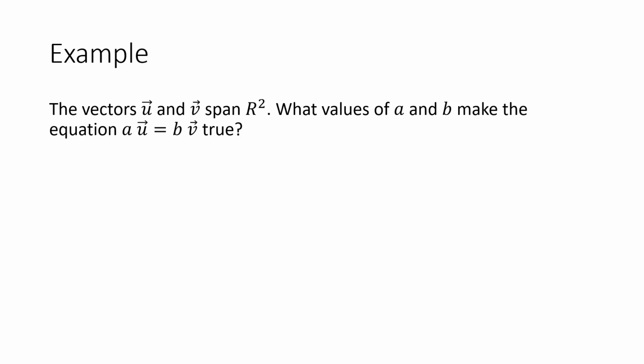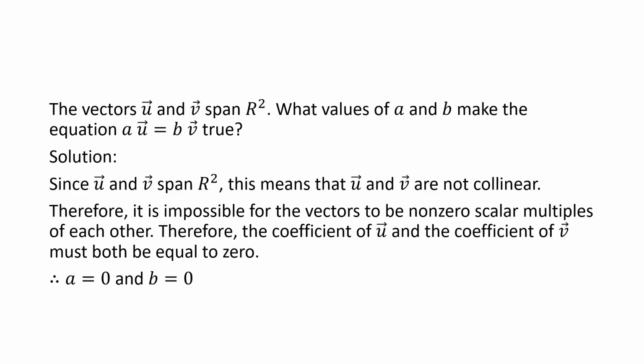We want to know what values of a and b make the statement au equals bv true. Since u and v span R2, u and v are not collinear. Therefore, it's impossible for the vectors to be non-zero scalar multiples of each other. Therefore, the coefficient of u and the coefficient of v must both be 0.